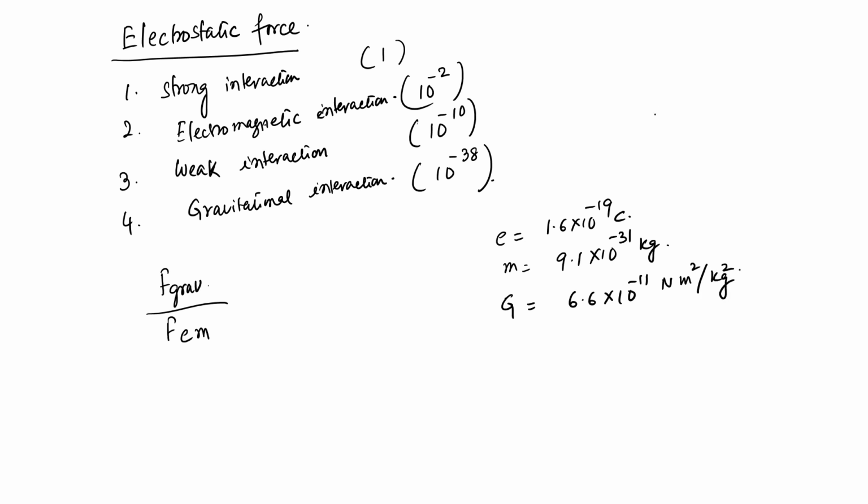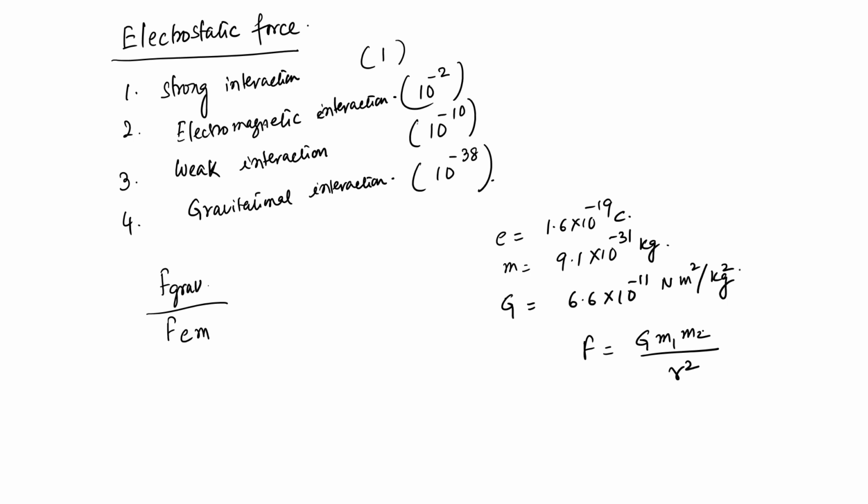And so, the gravitational interaction will have this form, which is G m1 m2 divided by r square, along with, if you write it in the vector form, an r cap direction which is connecting the two masses. Now both the masses can be electrons.